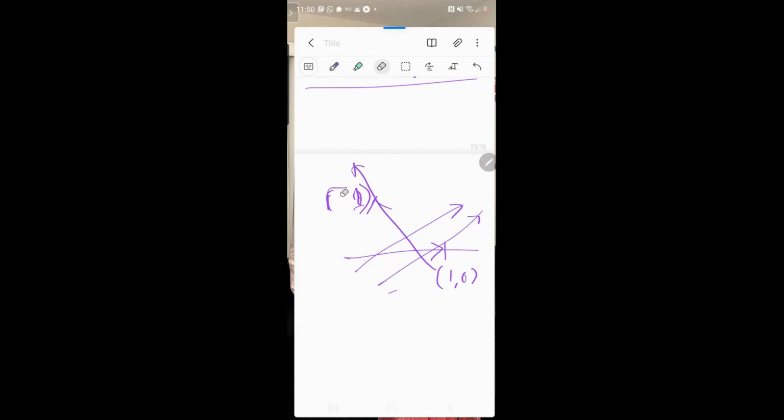Get rid of my initial lines, and this was probably my final line. So this is my new axis. My original axis was this, my new axis is this, and this is where my origin still is. So under this transformation, whatever happens is what we saw so far.